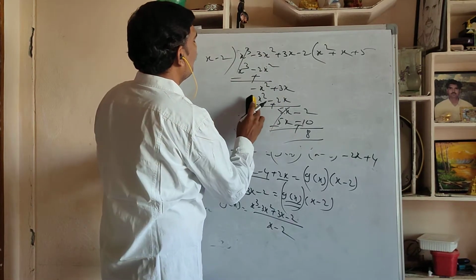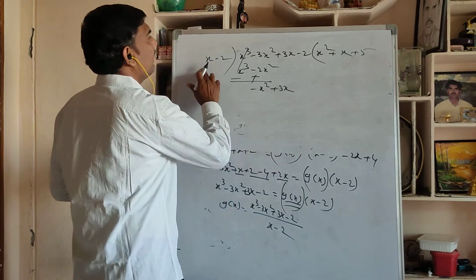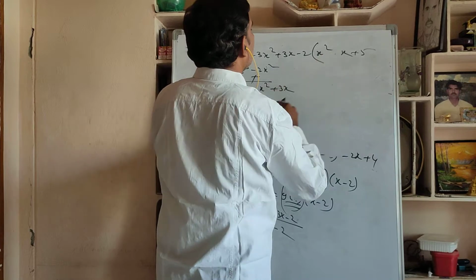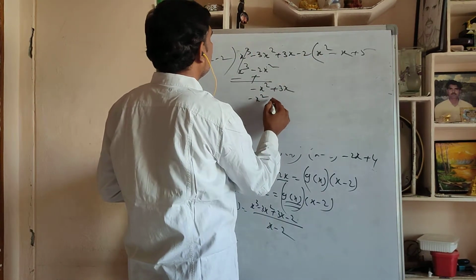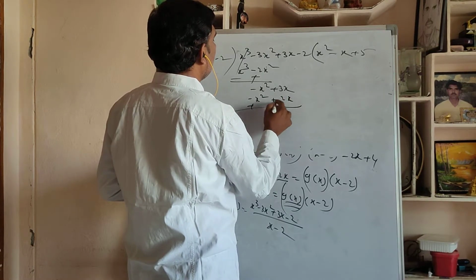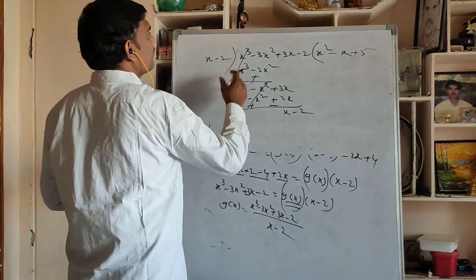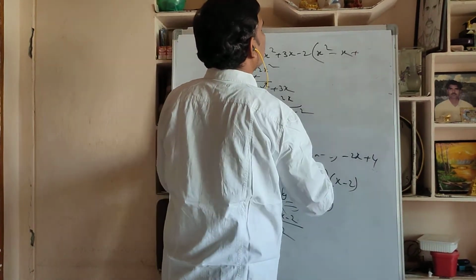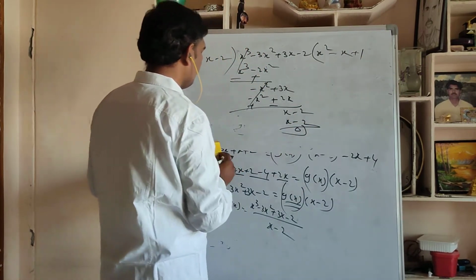So what you have to do is, x into minus 6 will come here. Minus 6x minus 2 into minus 6 is plus 12, so minus 2 gets cancelled, x minus 2. Again one time will go, plus 1, x minus 2, and the remainder you got is 0.